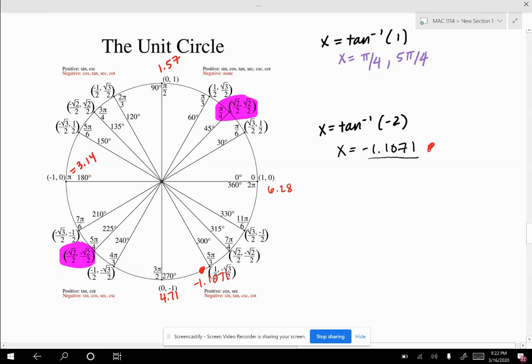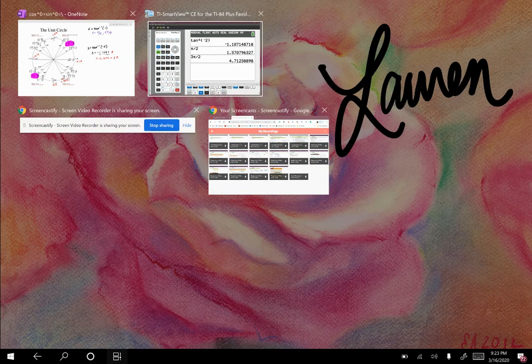Do you guys remember when we talked about coterminal angles? Remember, coterminal angles differ by 360 degrees, okay? So if I want to correct this angle, I can say that's equivalent to -1.1071 plus 2 pi. If I add 2 pi to it, it's going to give me its coterminal. So let's figure out what that is in our calculator.